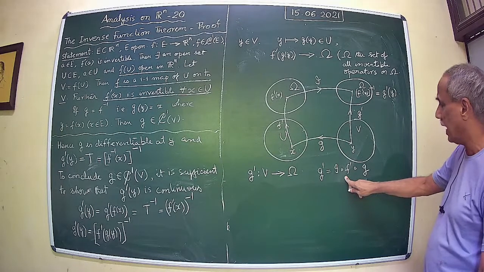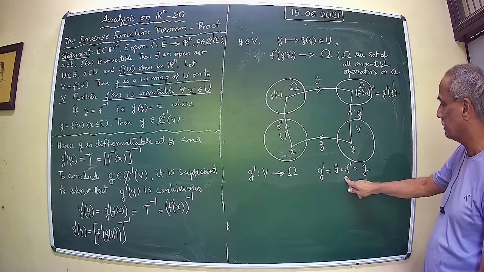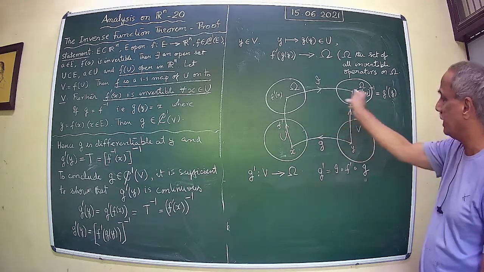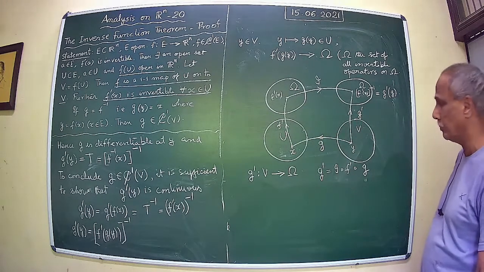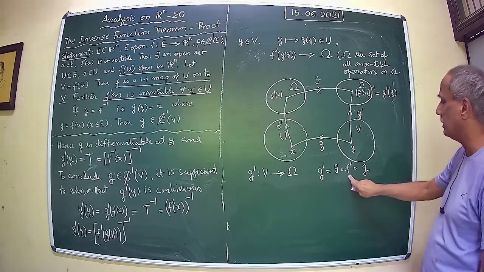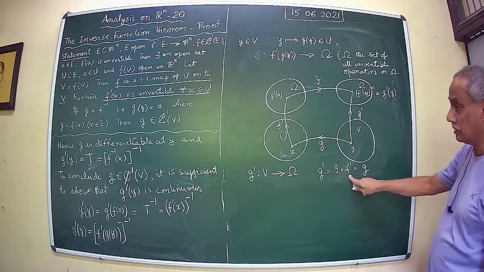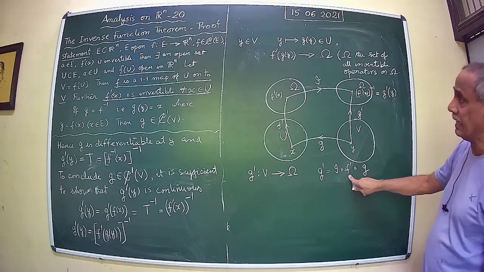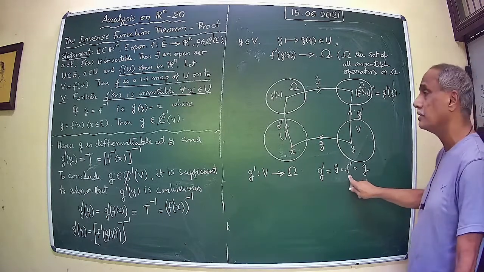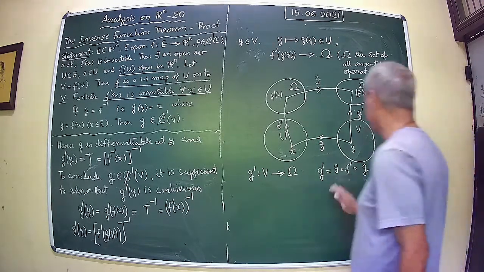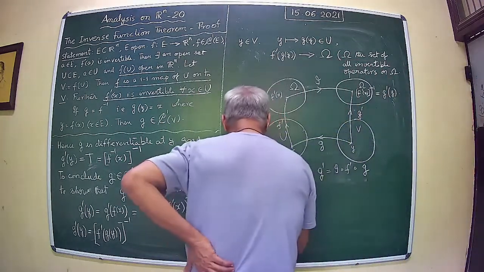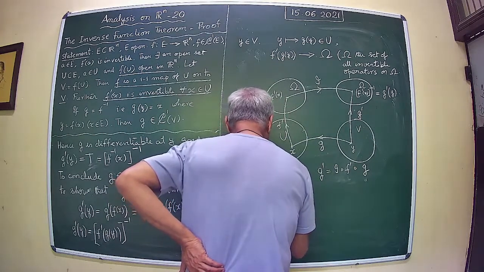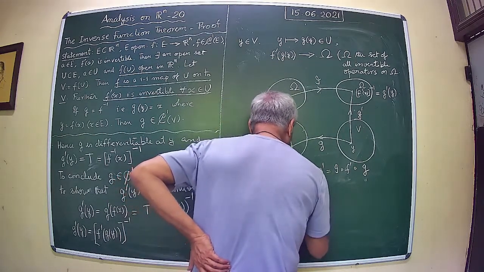And the inversion map is again a continuous map because F prime is continuous because we are given the data that F is a C1 map. So G is a continuous map.